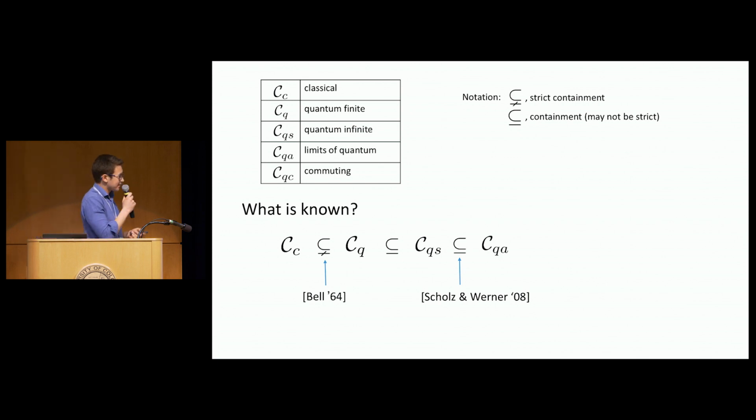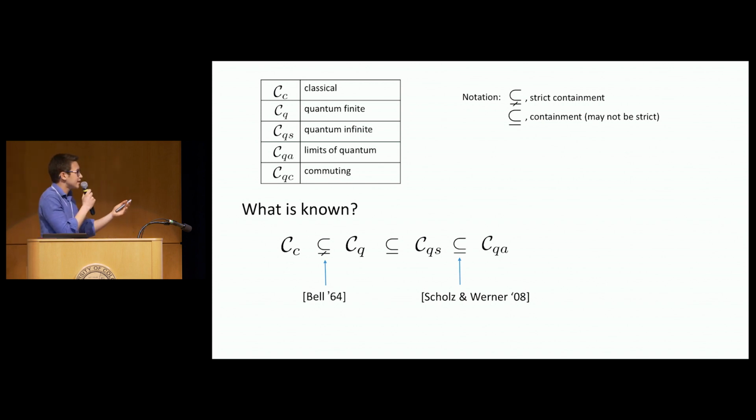And it tells us that the closure of CQ, which is CQA, not only contains CQ by definition, but it also contains CQS. So you can think of this as saying that any infinite dimensional quantum correlation can be approximated arbitrarily well by finite dimensional quantum correlations. And this is a non-trivial result.